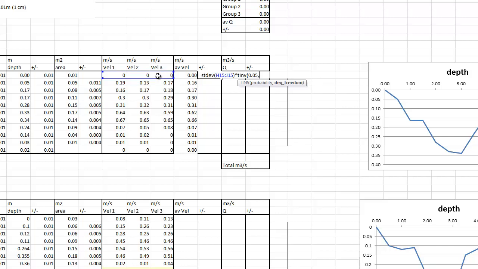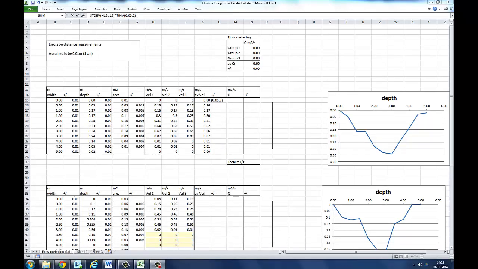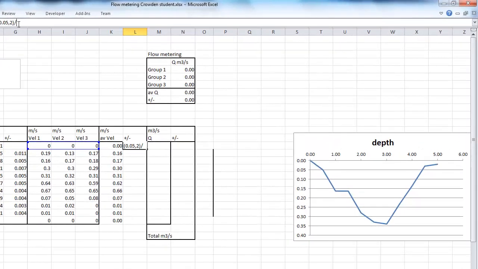N is 3, so n minus 1 is 2, so we'll put 2 in. We need to divide by the square root of the number in the sample, so divide by 3 raised to the power of 0.5, that's the square root of 3. Copy it down.